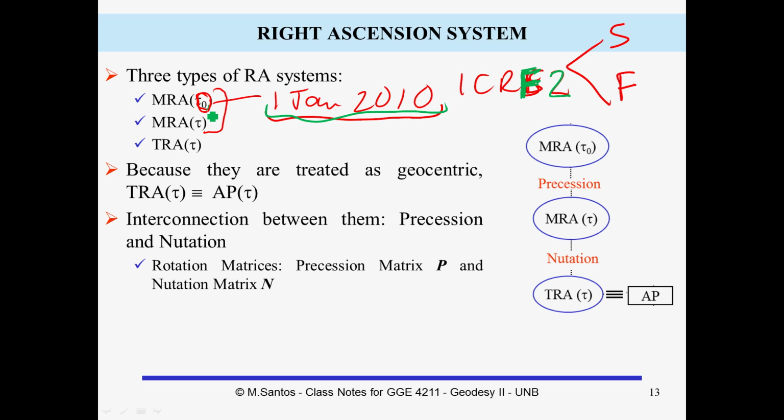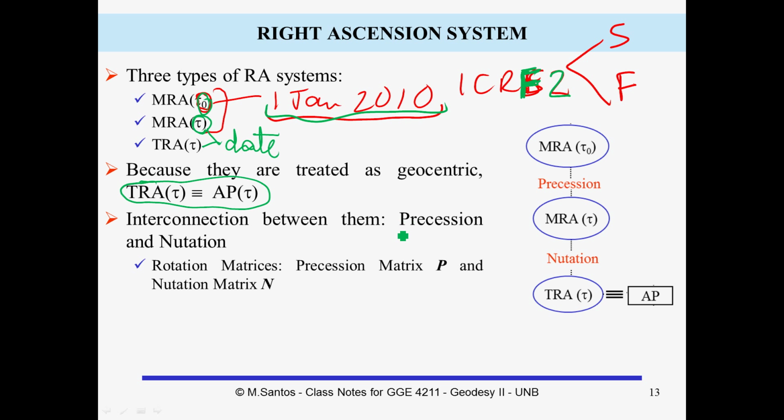Treated geocentric, again emphasizing that the true right ascension system coincides with the system of apparent places. Now, what distinguishes, most importantly, all these three coordinate systems are precession and nutation. I'm not going to discuss precession and nutation here, because you already know what it is, but basically the mean right ascension system is a system that is inertial, referring to a conventional epoch or mean epoch, that doesn't suffer from precession and nutation.